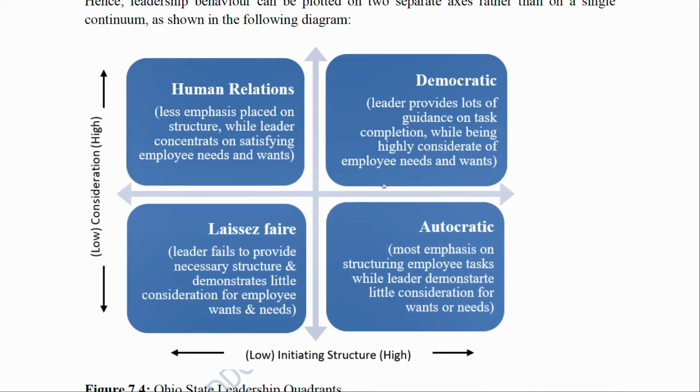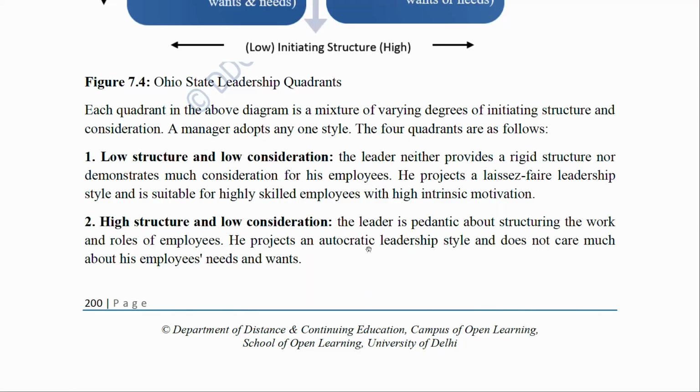Each quadrant in the above diagram is a mixture of varying degrees of initiating structure and consideration. A manager adopts any one style. Figure 7.4 shows four quadrants, namely human relations, democratic, laissez-faire, and autocratic.